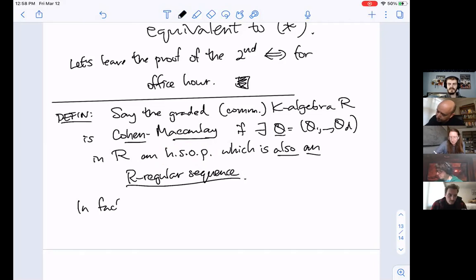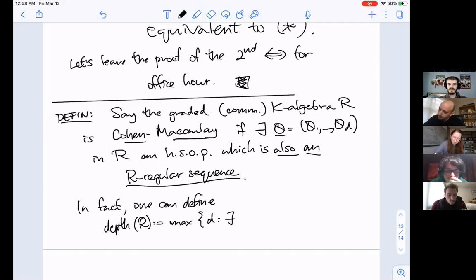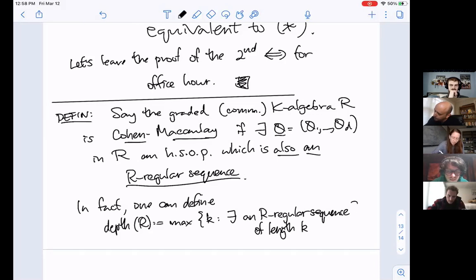In fact, one can define the depth of R to be the maximum K such that there exists an R regular sequence of length K. And so Cohen-Macaulayness is saying that the depth is as large as it could be, namely the Krull dimension.